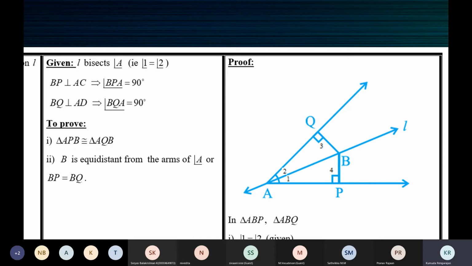Okay, what's your congruence rule, Kanishka? AAS. Not ASA, is it? Yes, ma'am, it is AAS.